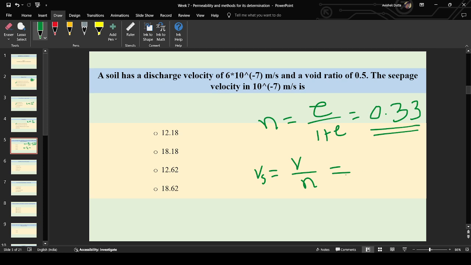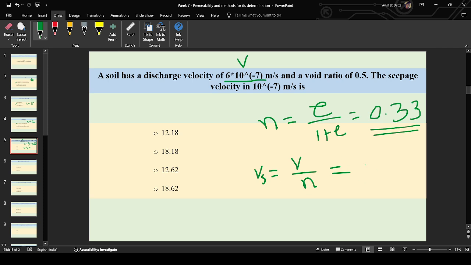In this way, with v equal to 6 into 10 to the power minus 7, the formula is very interesting and important. I hope you know how it is derived; if not, check any standard soil mechanics book, such as BC Punmia or Gopal Ranjan and Rao. You have to understand why seepage velocity equals discharge velocity divided by porosity.